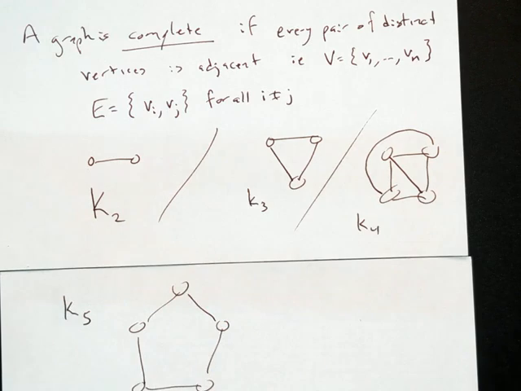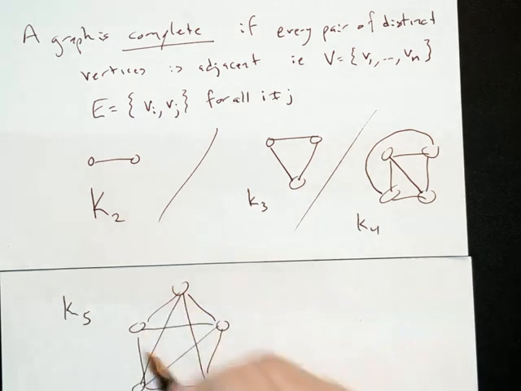But wait, there's more. What else do I have in addition to those pentagon edges? I got the pentagram on the inside, don't I? 1, 2, 3, 4, 5.